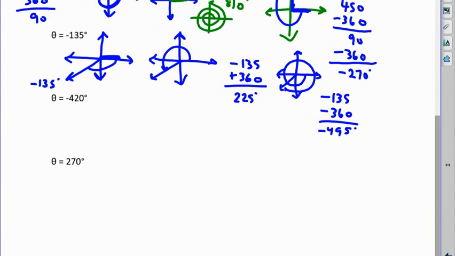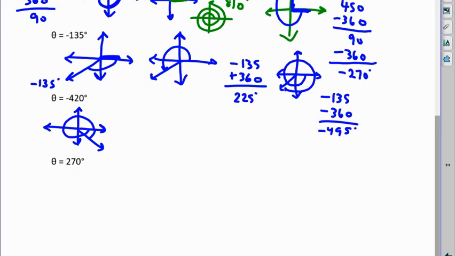Negative 420. That's a big one. All right, well, I've got to go all the way around. It's 360. And let's see here. So 420 minus 360, I've got to go 60 degrees more. So here we are.